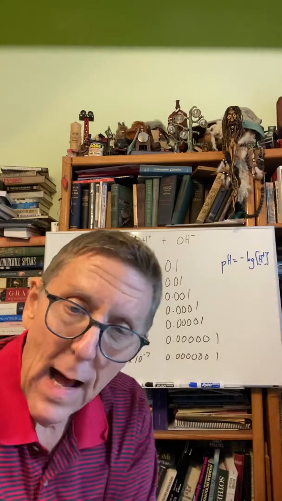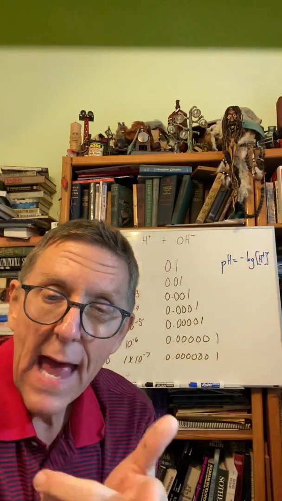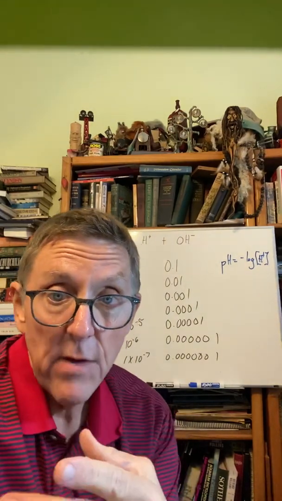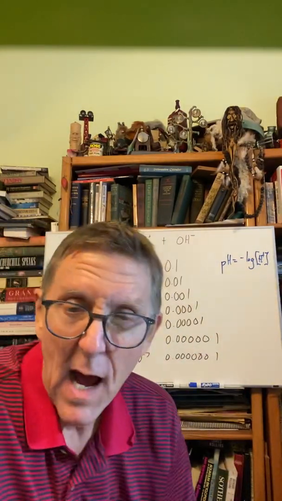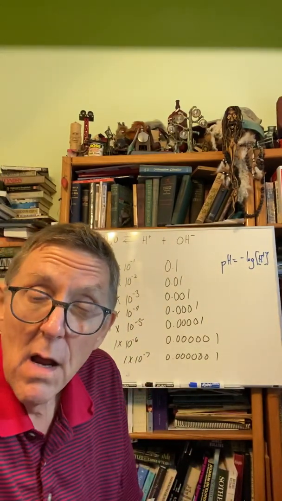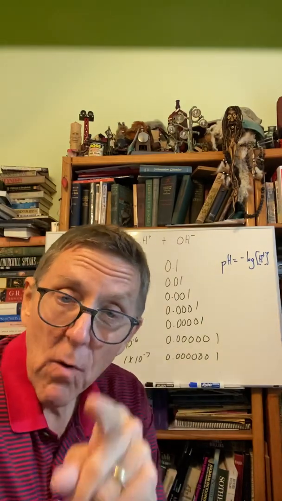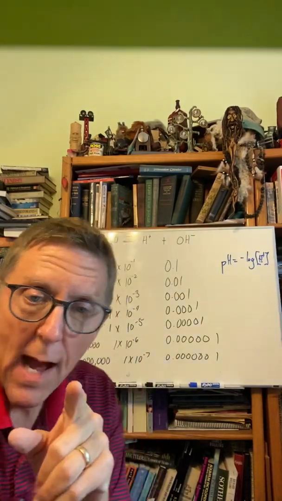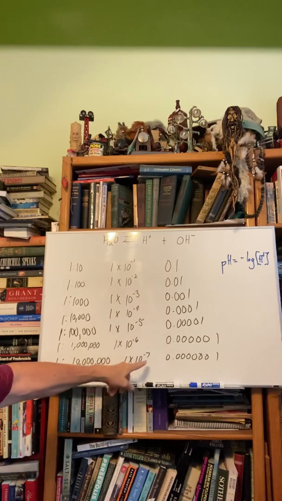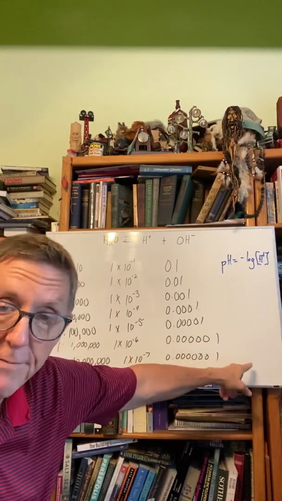So what do acids do? They release even more hydrogen ions. So if you have acid added to water, you're going to increase the number of hydrogen ions. We have this concentration here, which is pH 7.